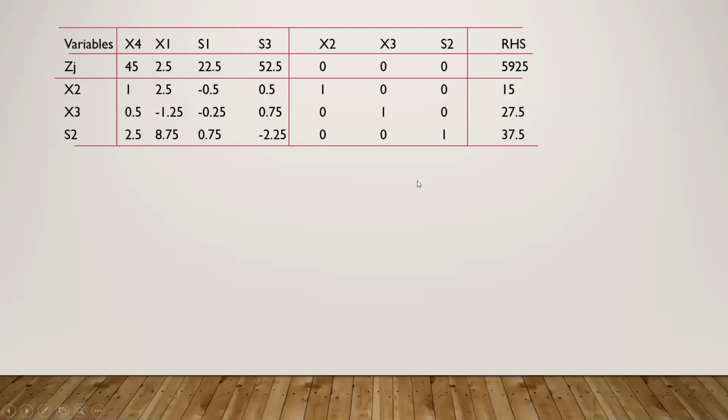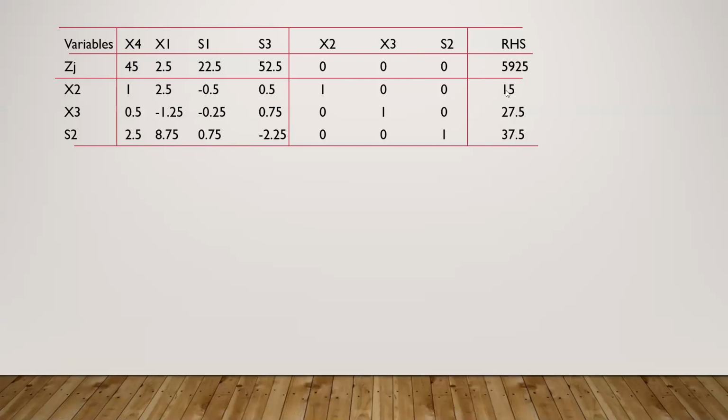In another scenario, you can try it on your own. Imagine if one of these is negative. Let's say this is negative 45 instead of 45. What you're going to do is simply complete the simplex method. So X4 will be considered in the production, and then you will calculate the bottleneck ratio theta.